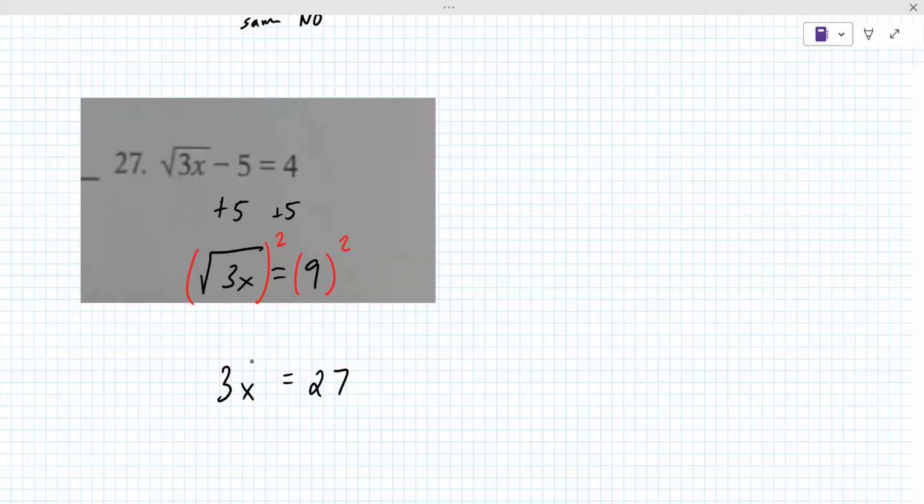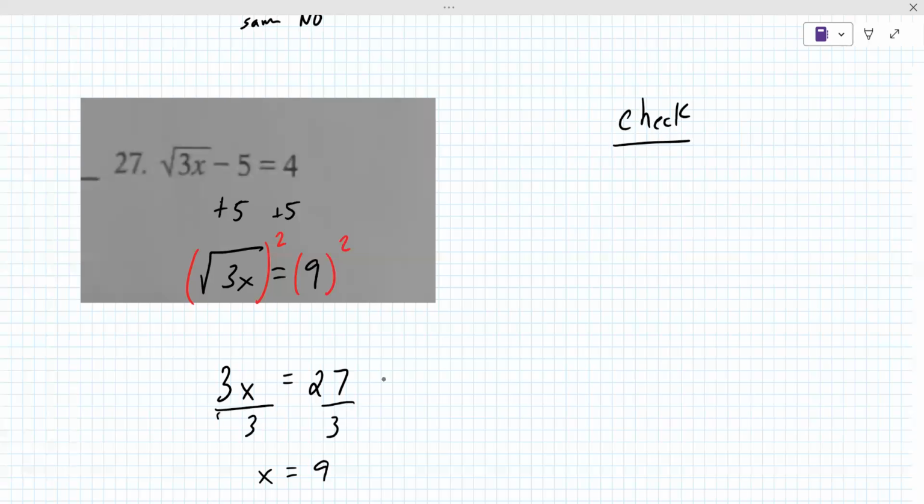Would I have to get rid of the 3? You have to divide by 3, yes, on both sides. X equals 9.